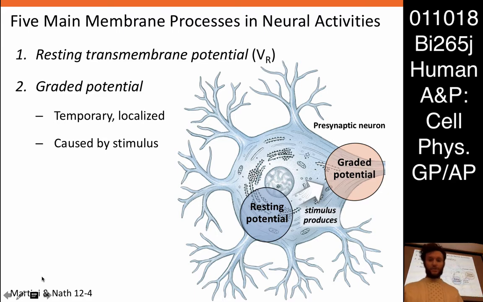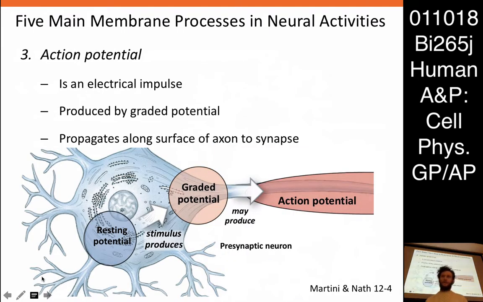All right, graded potentials. The third is the almighty action potential. So an action potential is also a perturbation in the resting potential of the membrane. But unlike a graded potential, it doesn't follow a gradient.